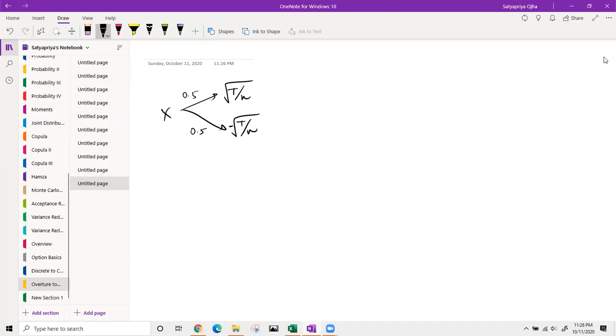Make sense? What is the expectation? Expectation is intact. It is 0.5 of this plus 0.5 of this, which is 0. Variance of x would be what? 0.5 t by n plus 0.5 t by n, which is t by n.